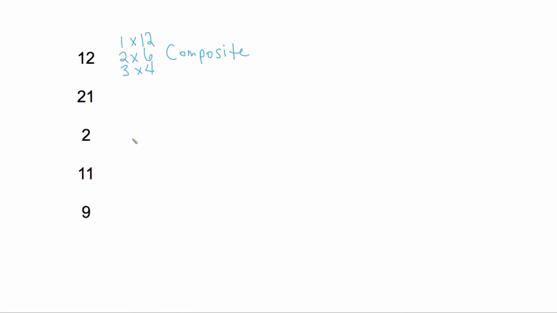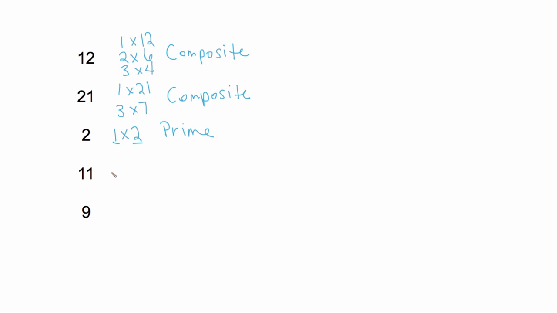Okay, let's look at number 21. 1 times 21, and we also have 3 times 7. That's 4 factors, composite. Number 2, the only way to get number 2 is 1 times itself. Only 2 factors means prime.